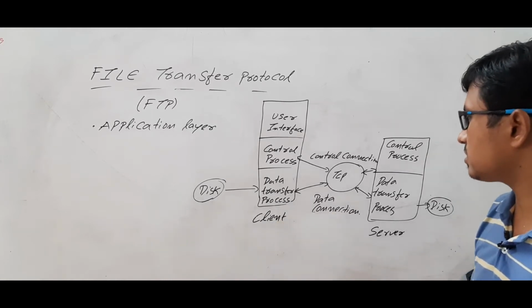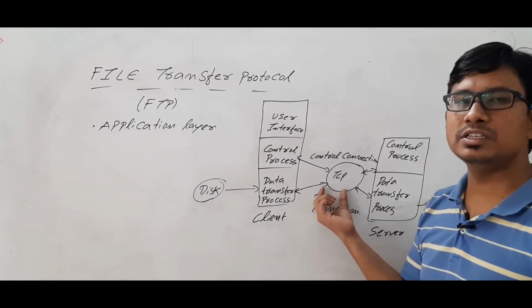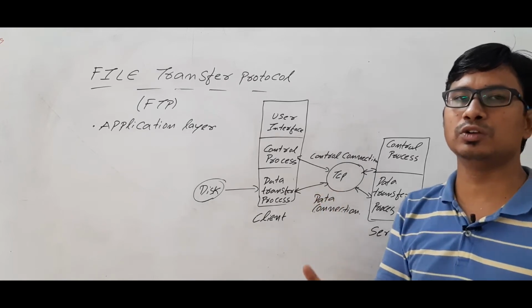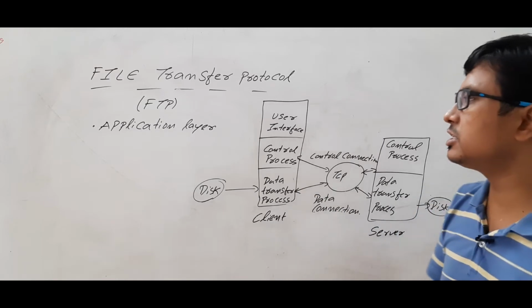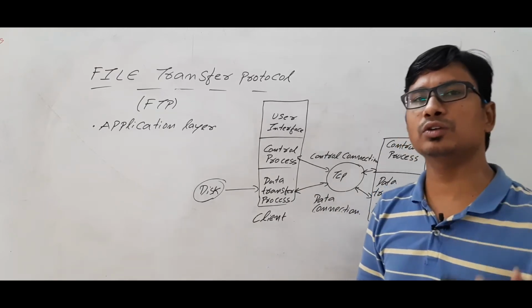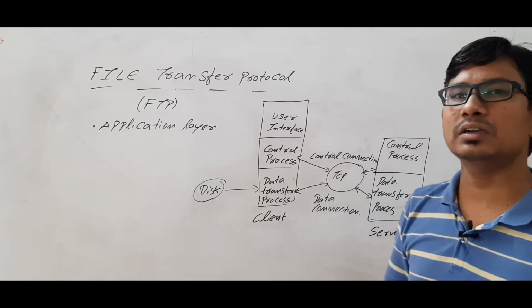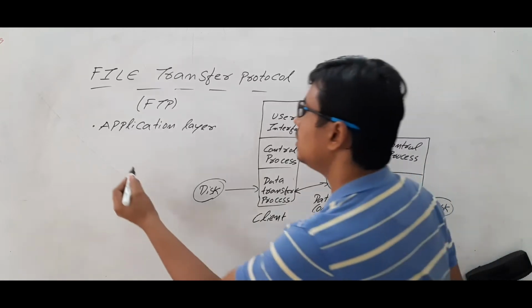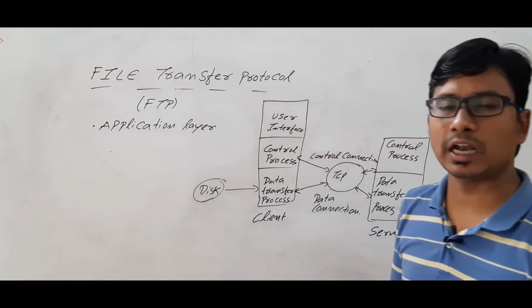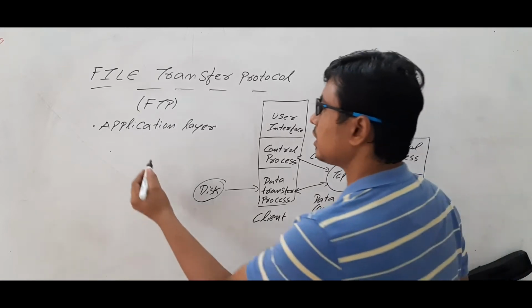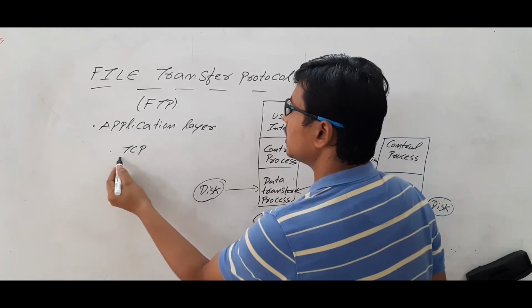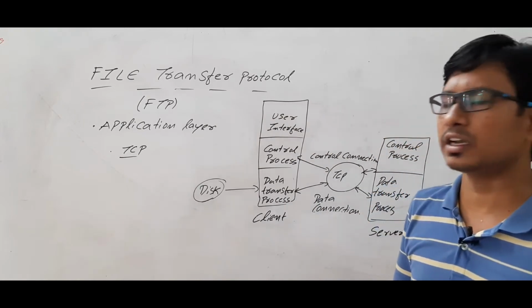Between the client and server, we have TCP, the Transmission Control Protocol, at the transport layer. What types of protocols are there in the transport layer? One is TCP and another one is UDP. TCP is a reliable protocol. Why do we say that it is reliable?